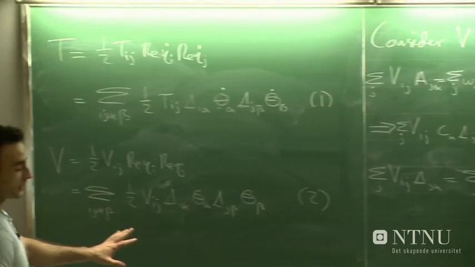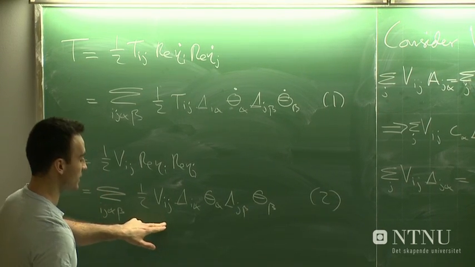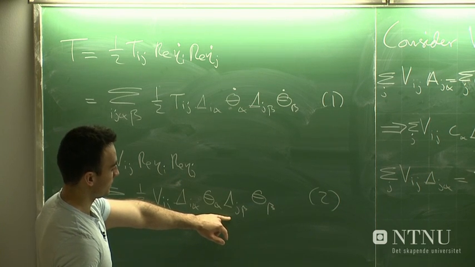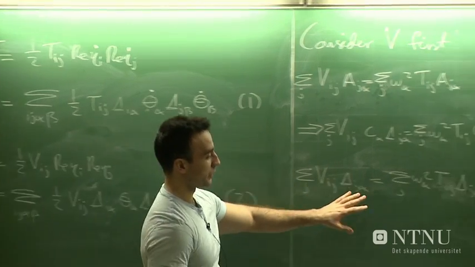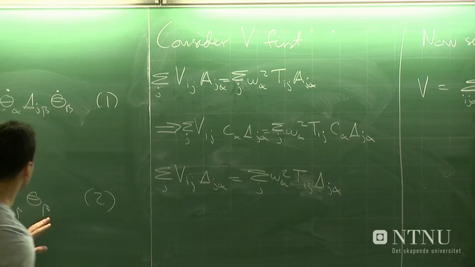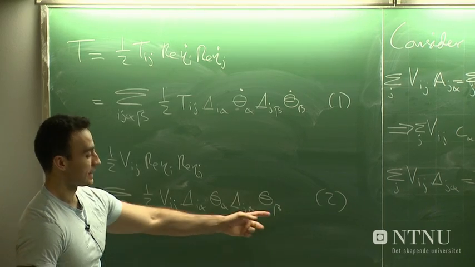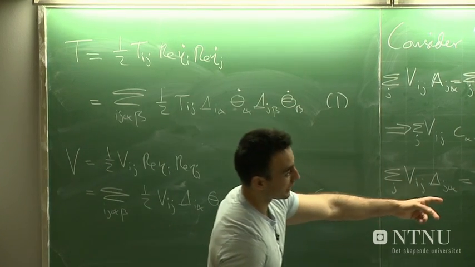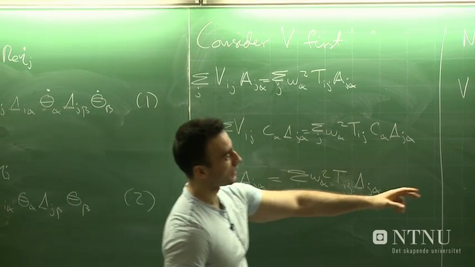So I'm allowed to do this because the only terms here that depend on j are V_ij and delta j beta. So I can take this sum over j and replace it with this sum over j. So I just have to be careful here that the index here is beta. So I should name this beta. So it should be omega beta squared, which I have here.